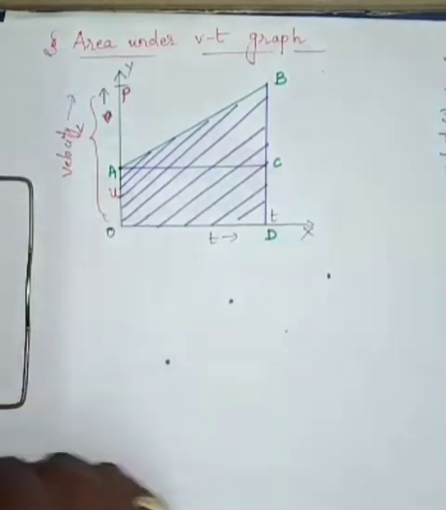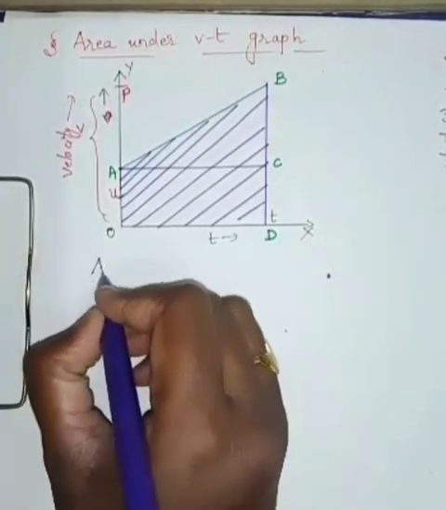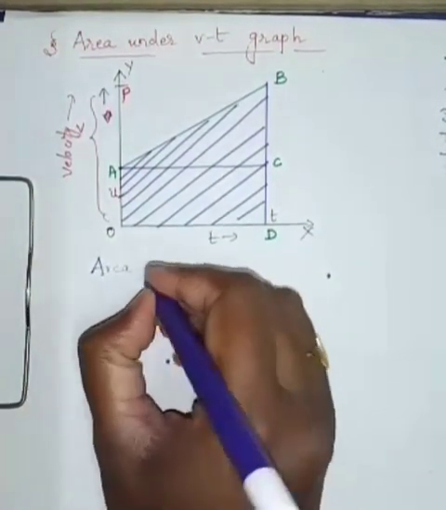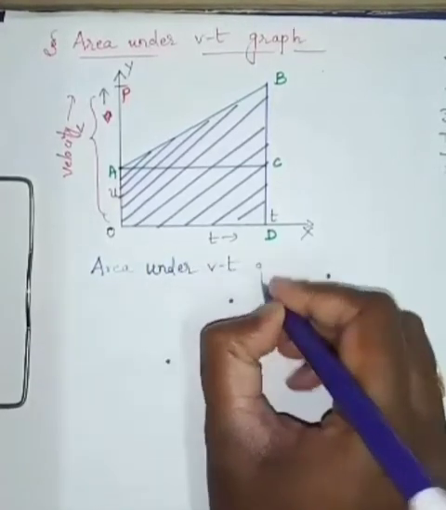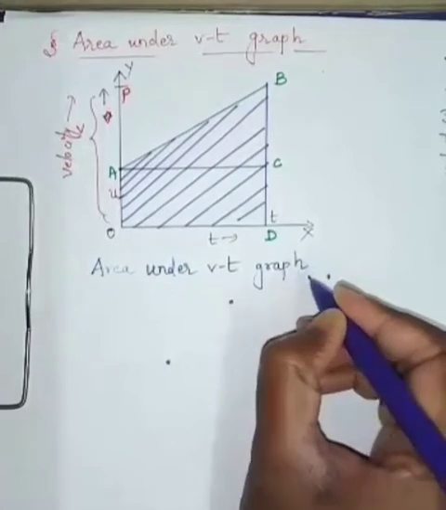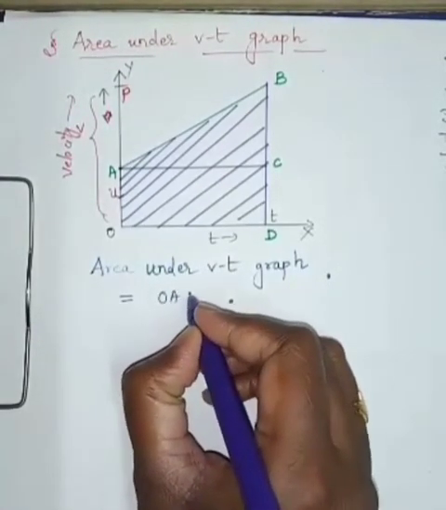Now, how does it come? Now we will find the area under the VT graph. What is the area under the VT graph? It is equal to OABD.